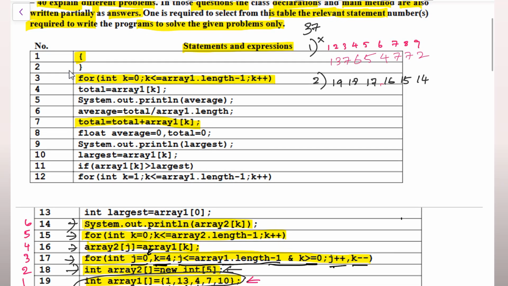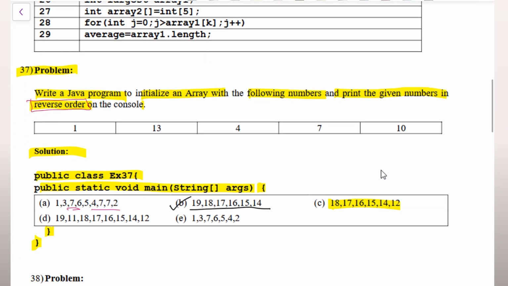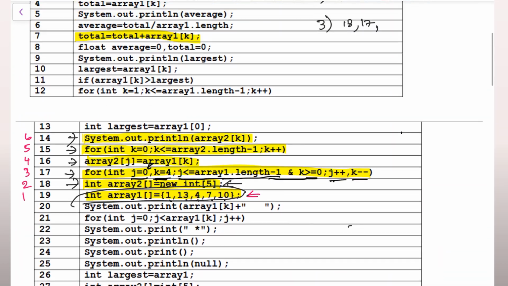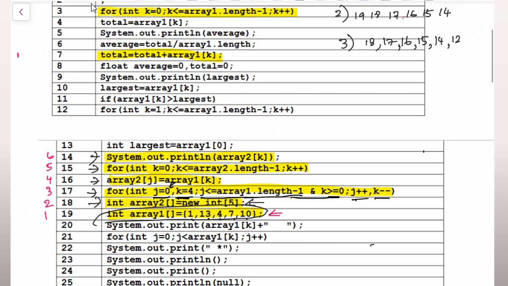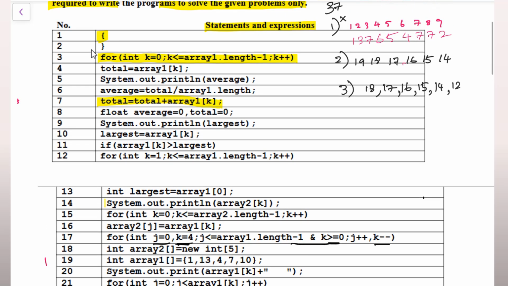So the third answer is 18, 17, 16, 15, 14, 12, right? So I'm going to just delete these guys. So you'll have to strategize your way of answering this, okay?